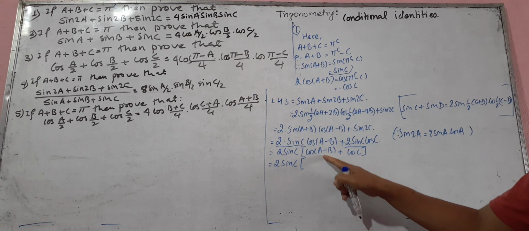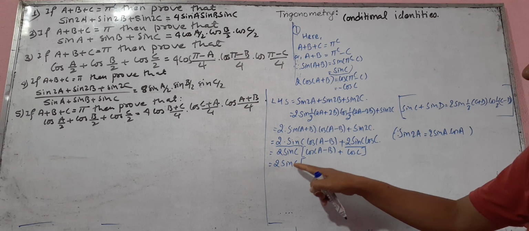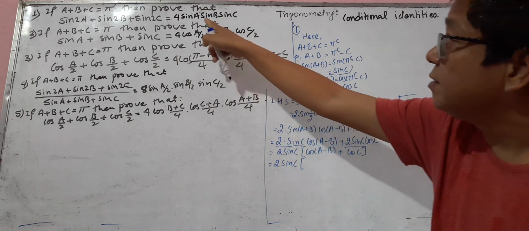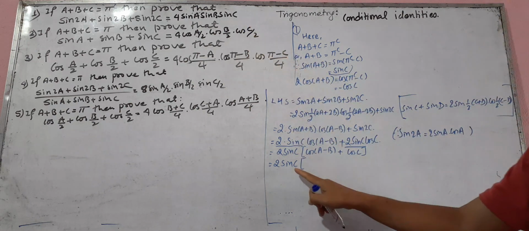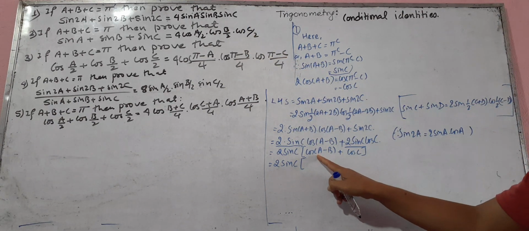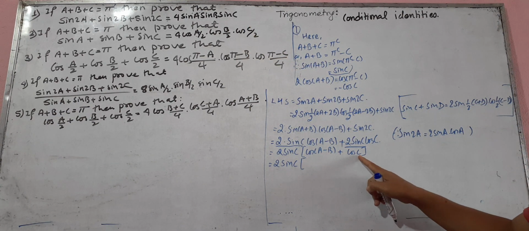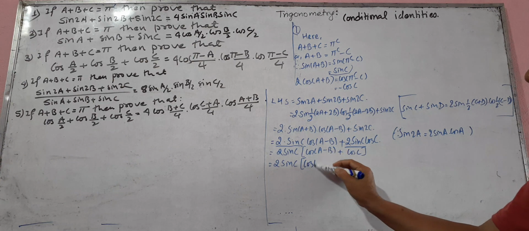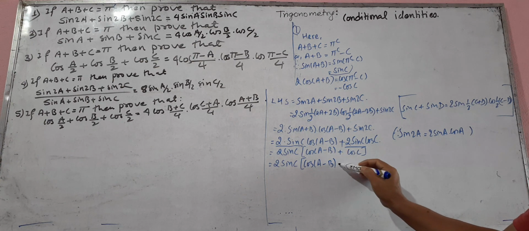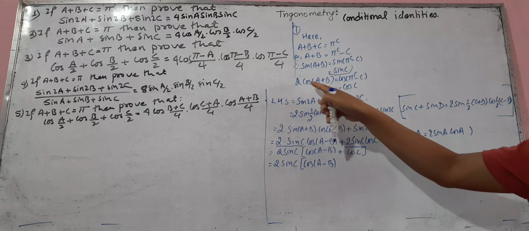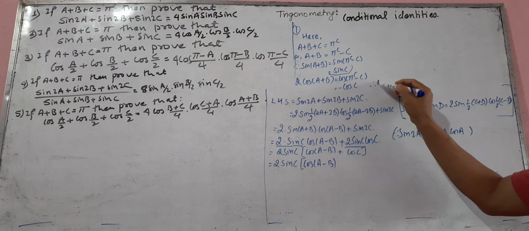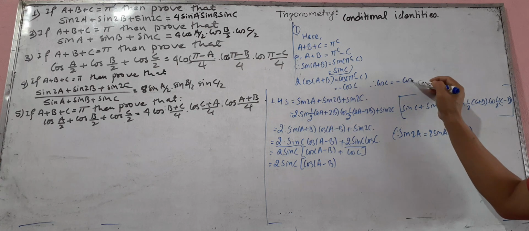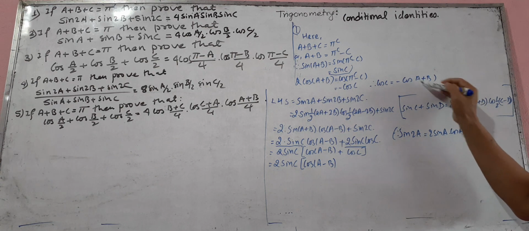Now for cos of a minus b, we have to find the remaining terms sine a and sine b. Sine c is already obtained. Now there is a minus b, but here is c. So what do we do? We again use the condition. Look here, cos of a plus b equals minus cos c. So you can write that cos c is equal to minus cos of a plus b.